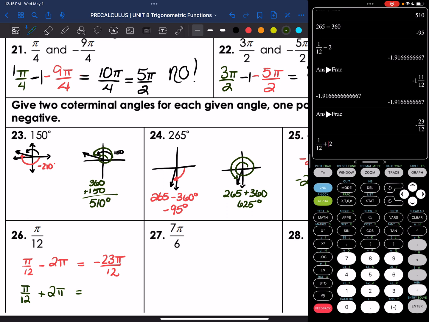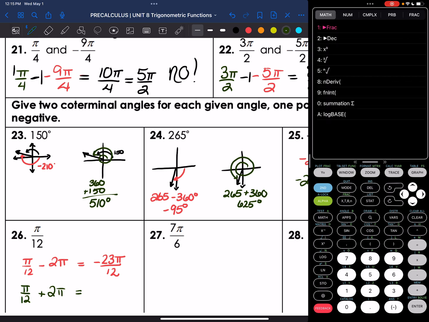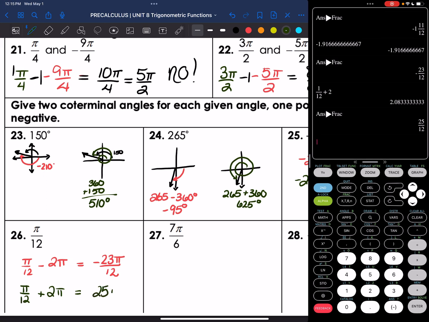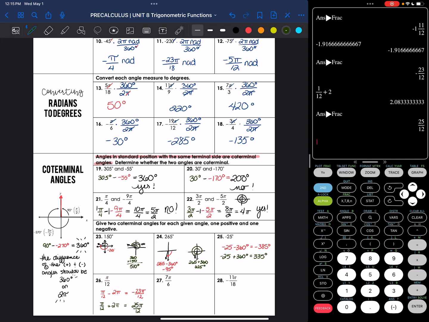If I add to that and then express that as a fraction, that's 25 pi over 12. So there you guys go. Why don't you try 27? Find both the positive and the negative coterminal angles. Can you guys try that one?